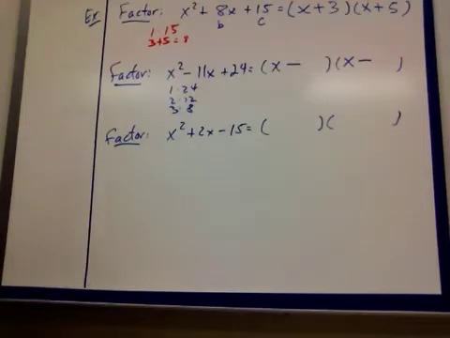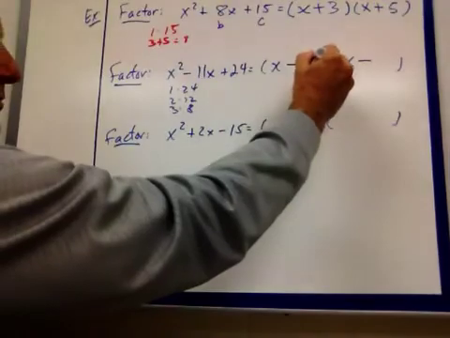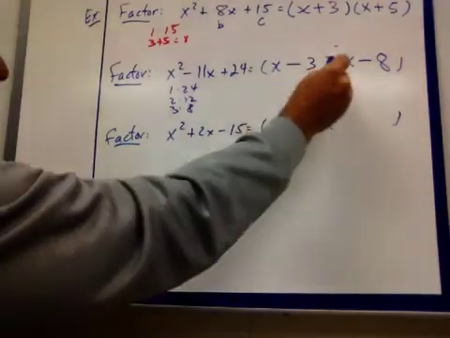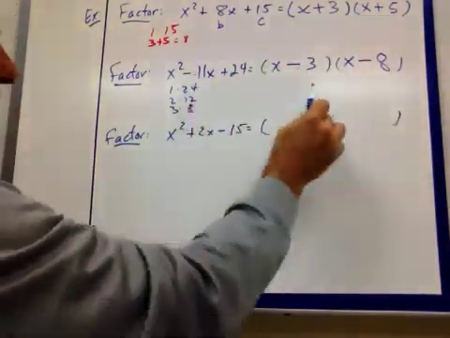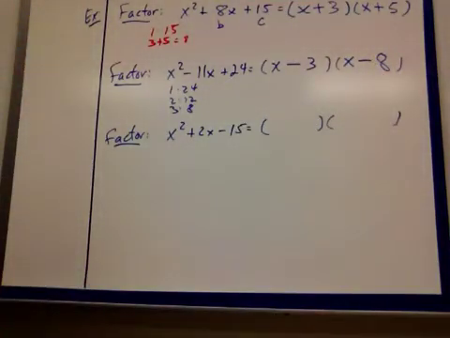What's 3 plus 8? 11. So we're good. I got a minus minus, so it doesn't matter where anything goes. X minus 3 times x minus 8. FOIL it. There's my x squared. Minus 8x minus 3x is minus 11x. Negative times a negative is a positive 24, so it checks.